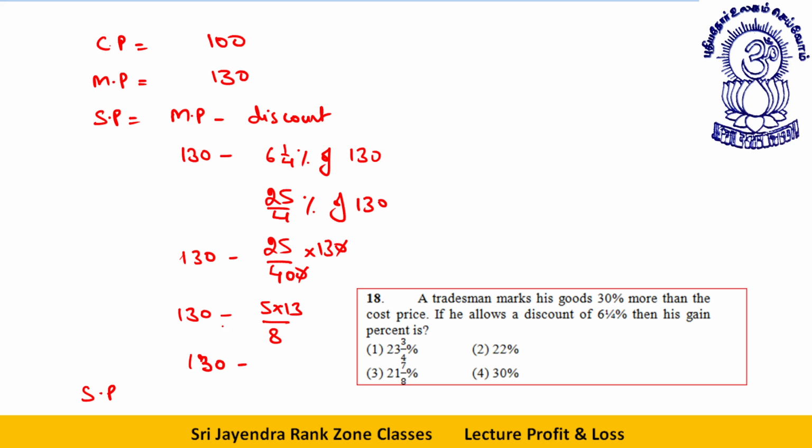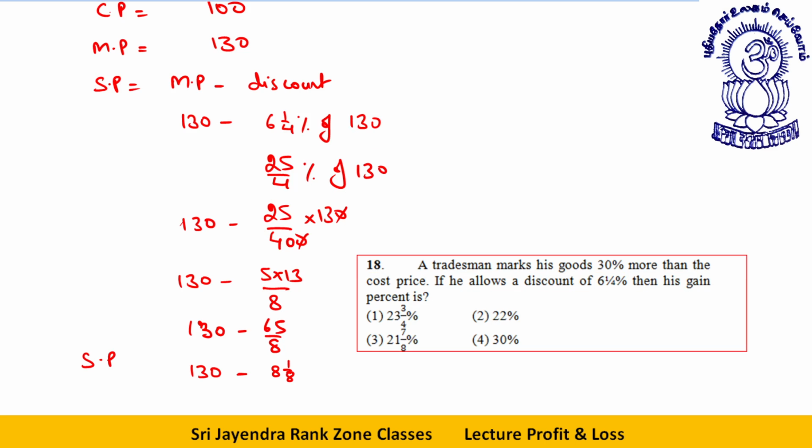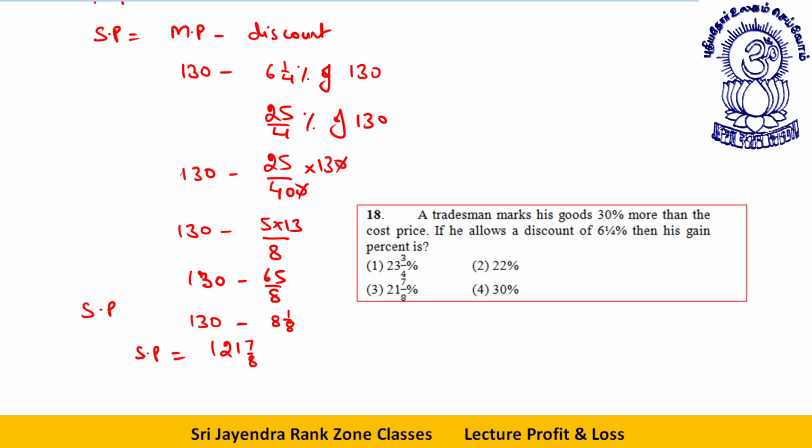Now the SP is 130 minus 5 into 13 by 8, that is 130 minus 8 1 by 8, or you can say 121 7 by 8. This is the selling price. Okay, so profit is equal to how much? Profit is equal to 21 7 by 8%. Option number 3 is your answer. Okay, dear students, let's move to the next one.